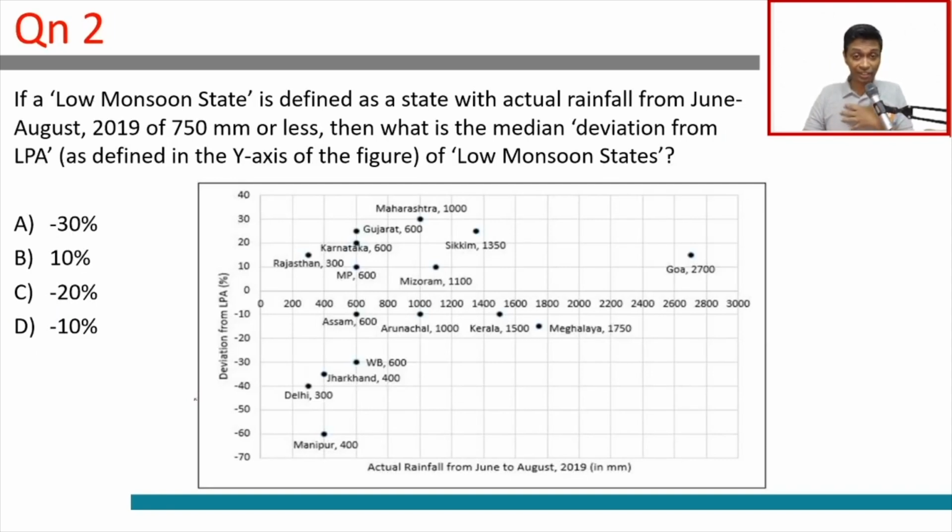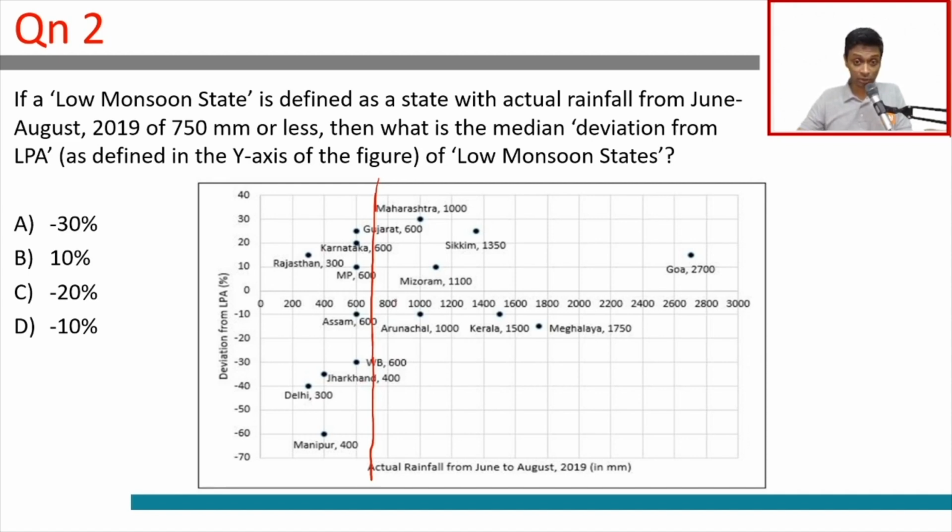If a low monsoon state is defined as a state with actual rainfall from June to August of 750 millimeters or lesser, then what is the median deviation from LPA of low monsoon states? 750 or lesser. So these ones. We want the median deviation. So I'm going to write this down in order.